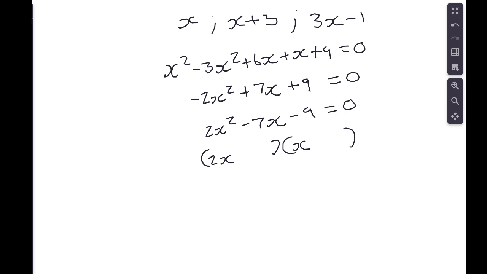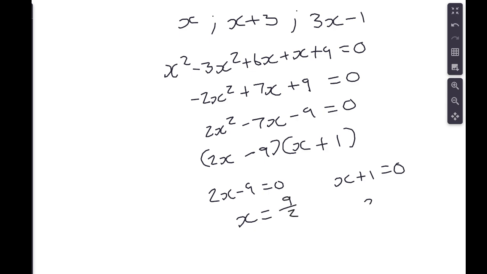So the 2x will go with minus 9, and then this x will go with 1. Okay, so that means that 2x minus 9 will equal 0, and x plus 1 will equal 0. So x will equal 9 over 2, and x will equal negative 1. So now you've got two values for x.